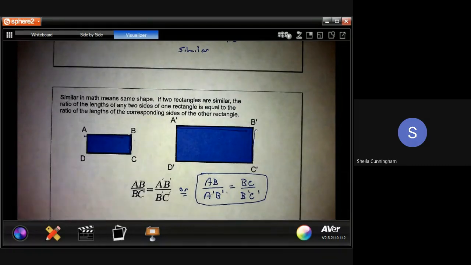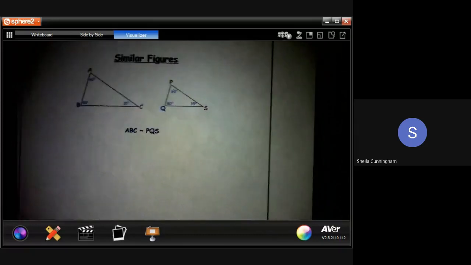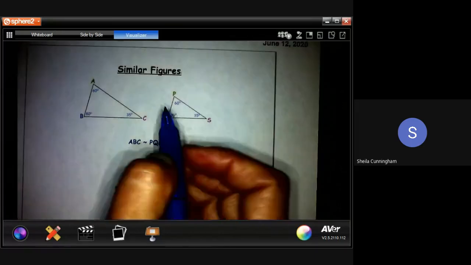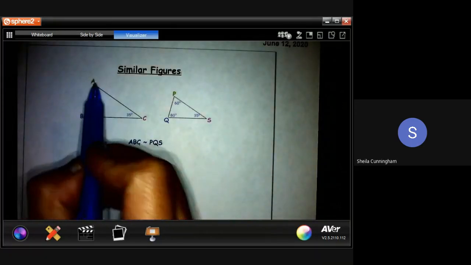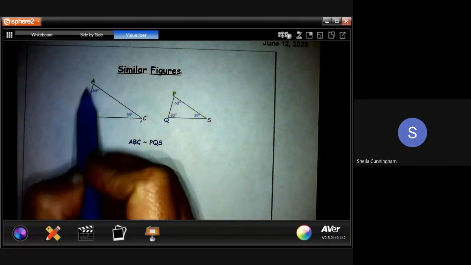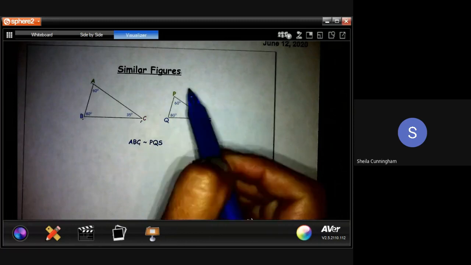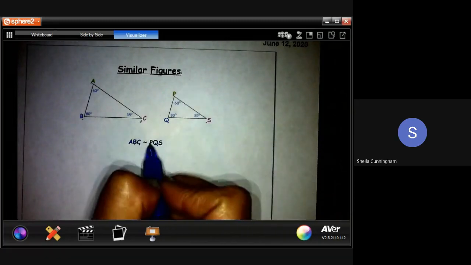So a couple things happen when we look at similar figures. If we look at these two particular triangles, and I label them as A, B, C, I'm looking at the vertices of this particular triangle. And this second triangle is P, Q, S. Well, these are similar.